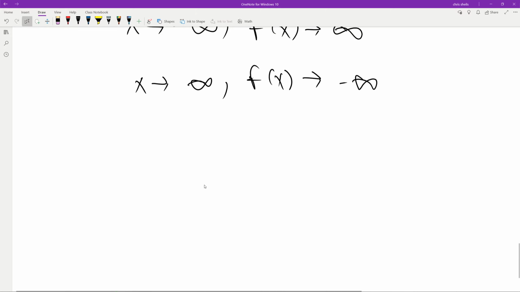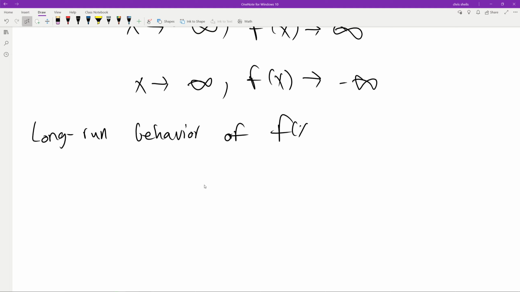And let's look at one more. Long run behavior of f of x equals negative x to the fourth. This has a whole even power.